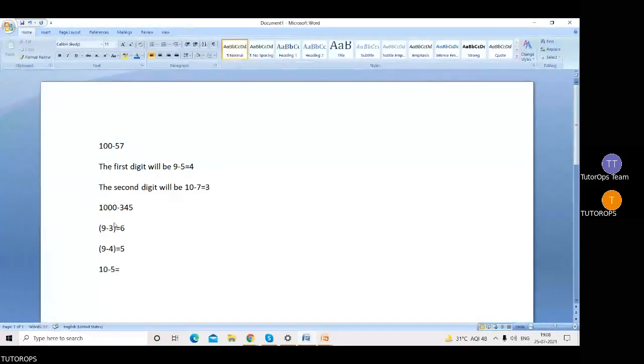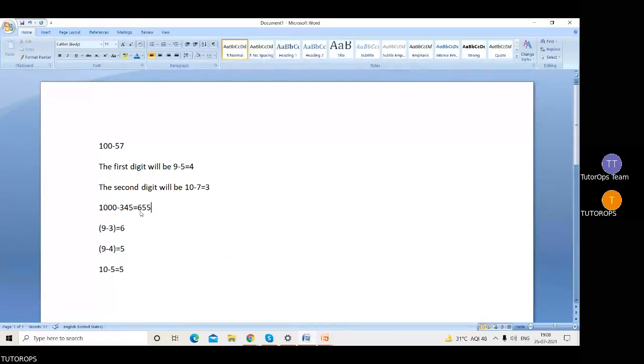Remember, we need to subtract the final digit from 10, not from 9. This is the formula. So the result of 1000 minus 345 is 655. As simple as that.